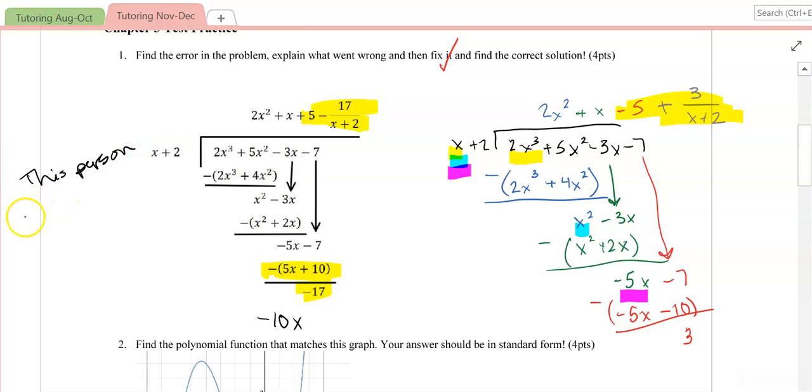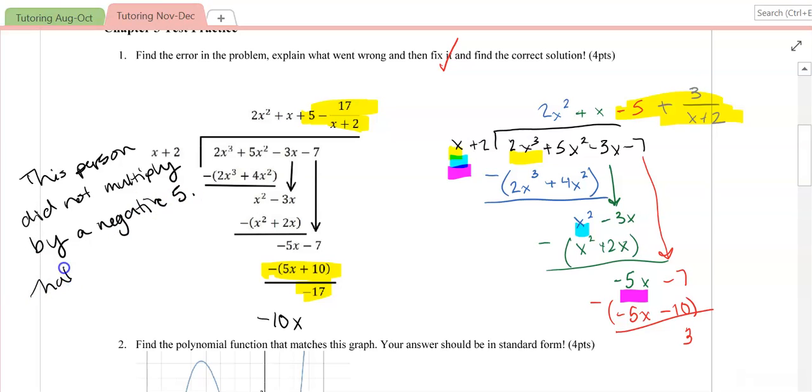This person did not multiply by a negative 5. That also changed the remainder, because we got a different remainder because we used incorrect math.